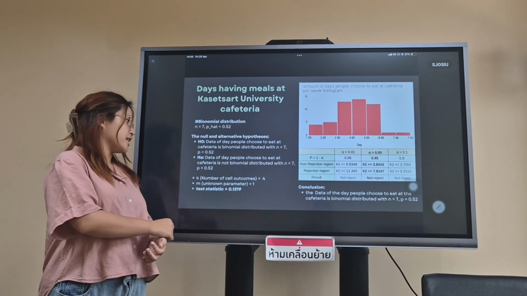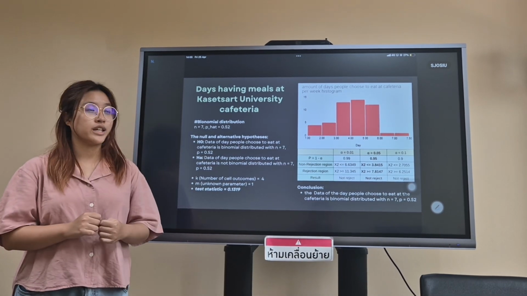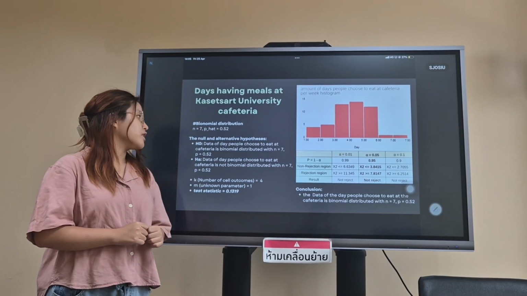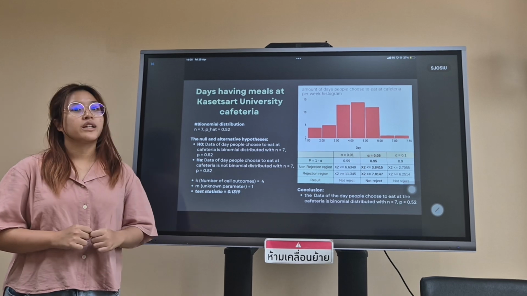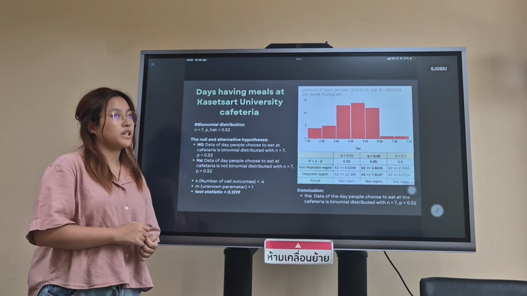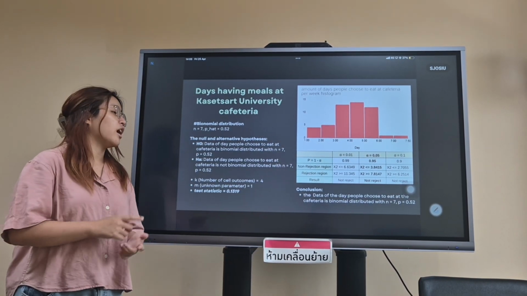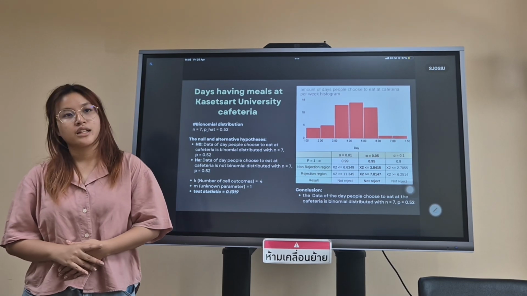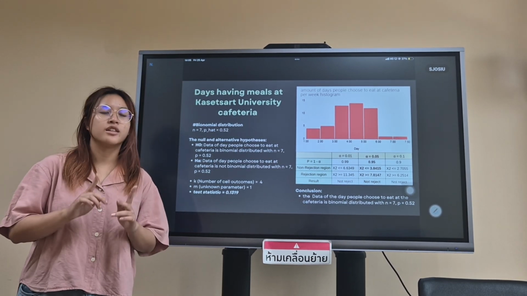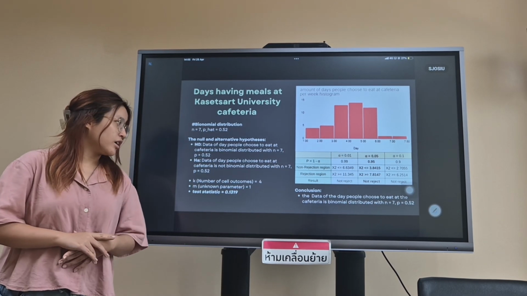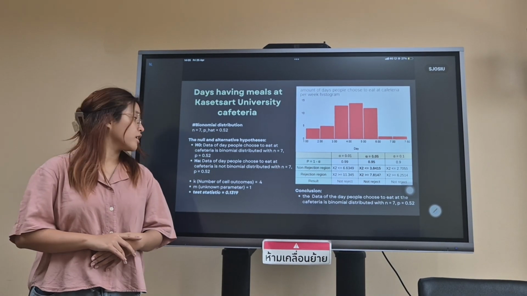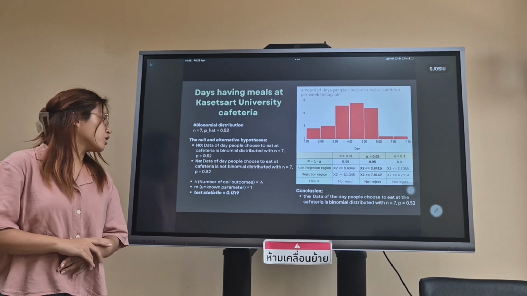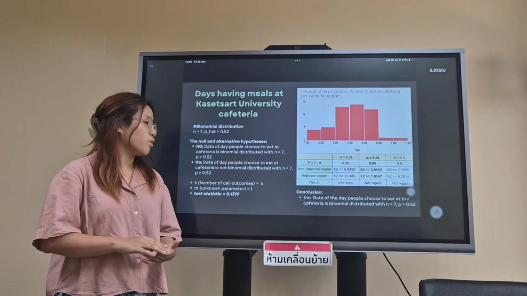The null hypothesis is that the number of days people choose to eat at the cafeteria is binomially distributed with n equals 7 and p equals 0.52. And the alternative one is that the number of days people choose to eat at the cafeteria is not binomially distributed with n equals 7 and p equals 0.52.